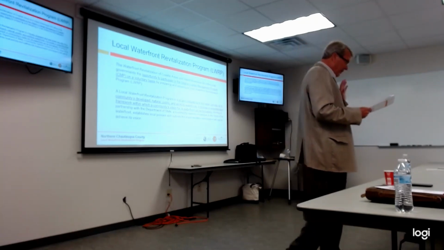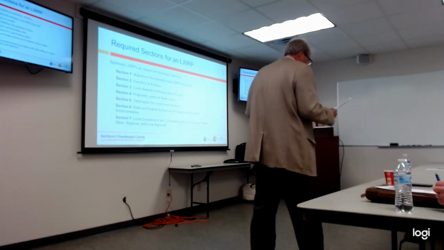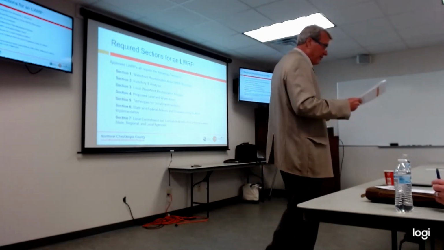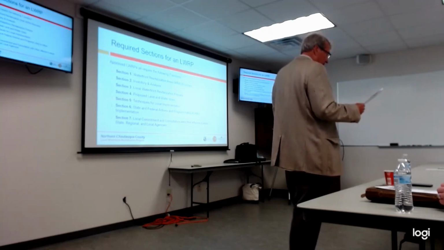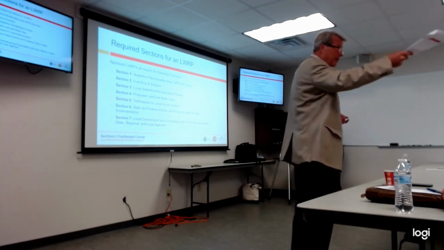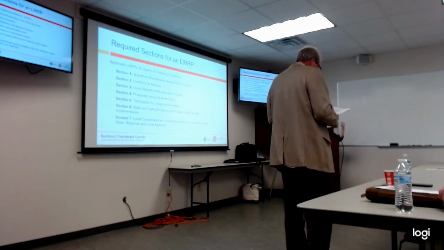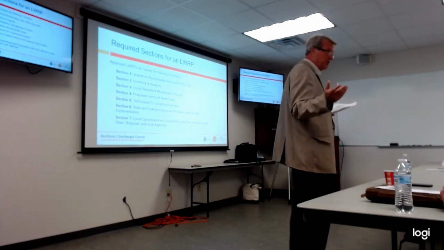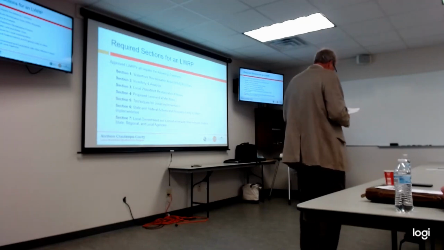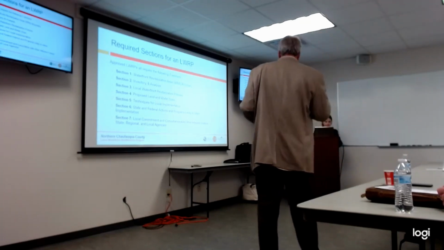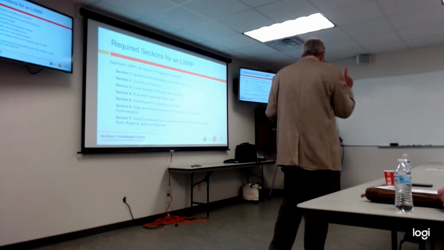There are 7 sections to an LWRP. One is the area boundary, which you see around the room here and in the handouts. There's an inventory and analysis. In other words, what do you currently have? What's there now? There are policies. I believe there are 42 policies, if I recall correctly.